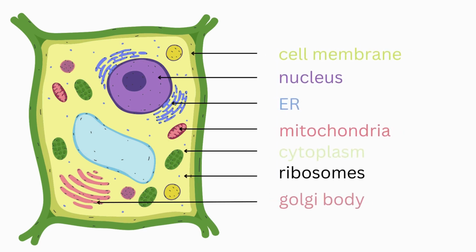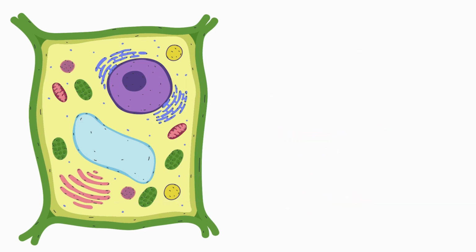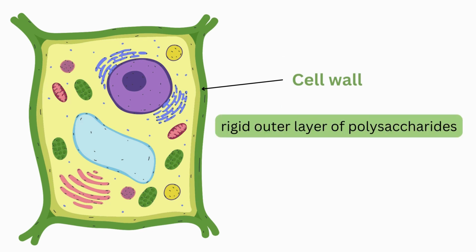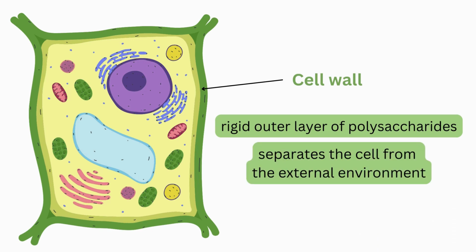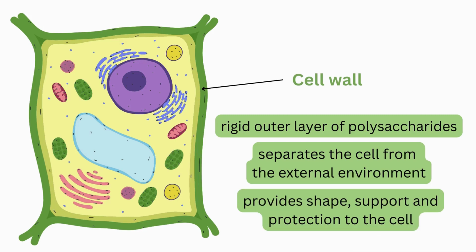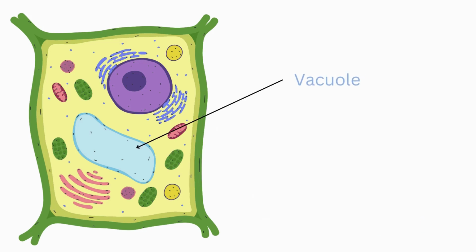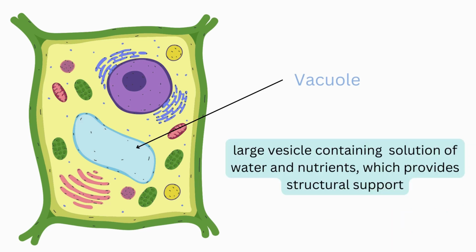However, plant cells have some additional organelles, such as the cell wall, a rigid outer layer of polysaccharides which separates the cell from its external environment and provides shape, support, and protection to the cell. Plant cells contain a large vesicle called the vacuole, which contains water and nutrients, and its function is to provide structural support.